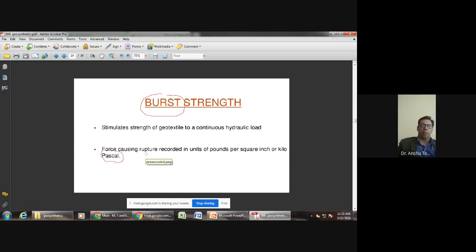That means whenever you are using geotextiles for drainage purpose, you are using the geotextile as an external drainage system, either for the superstructure or for the substructure, which is superstructure to substructure.